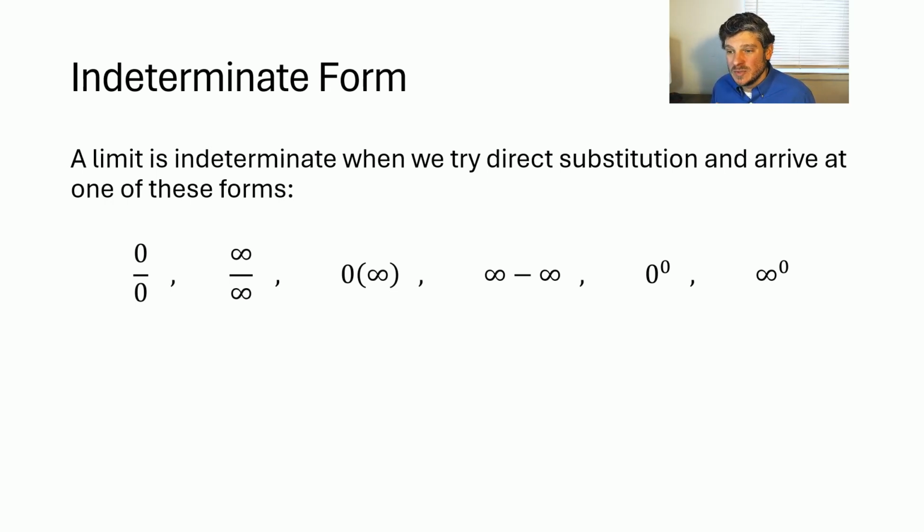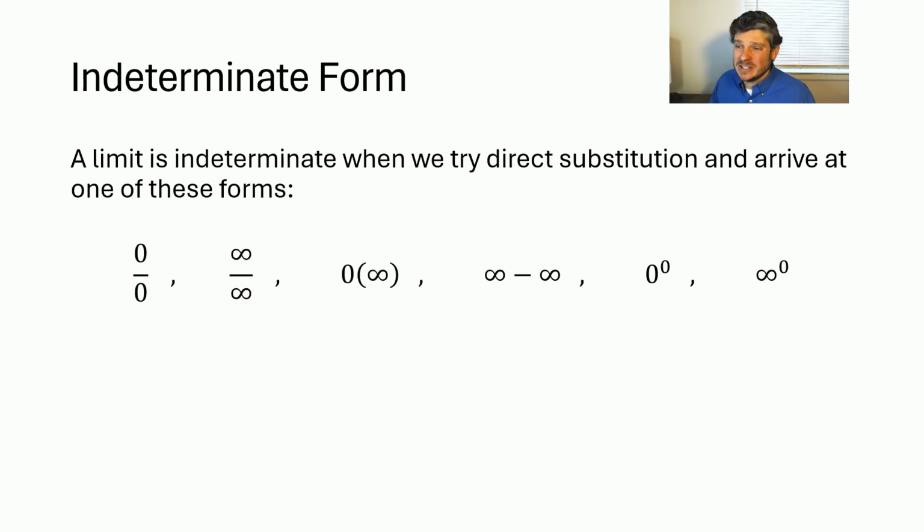So 0 to the anything is 0, except we also know that we have this other rule that anything to the 0 power is equal to 1, right? 2 to the 0 is 1. So is it 0 because it's 0 to a power, or is it 1 because it's something to the 0 power? Or is it in between? Is it a half? Oh, I don't know. Again, it's indeterminate. We'd have to do more work to try to figure out what that limit actually is.